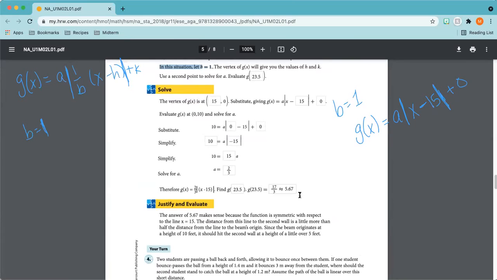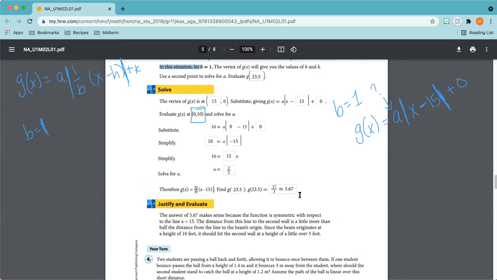Questions on that one so far? Any questions so far? No? Okay. Now, the only letter I'm missing is a. So now I need to take that point, remember they wrote it right here for me, (0, 10). So now I'm going to take that (0, 10) and plug it in.